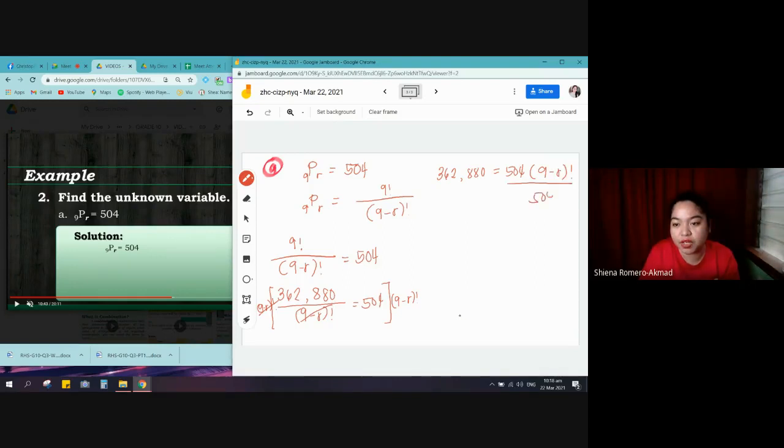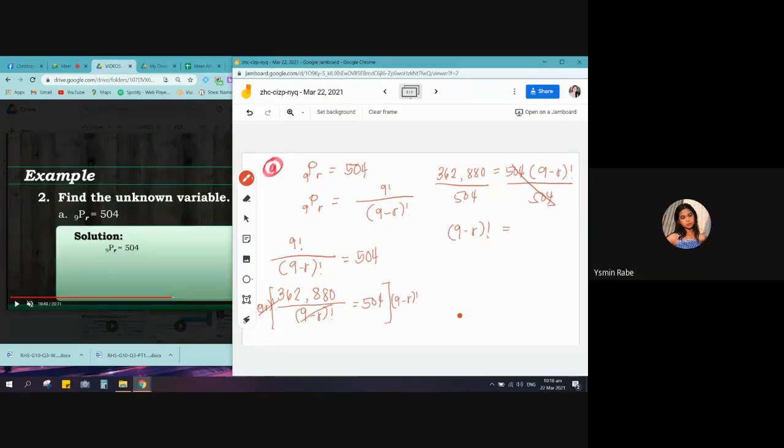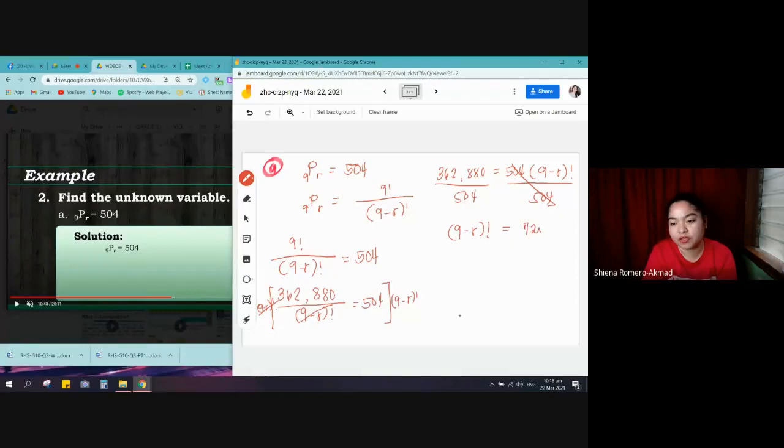Divide both sides by 504. You'll have 9 minus r factorial equals 720. And 720, siya ay equivalent to what number? To what factorial?